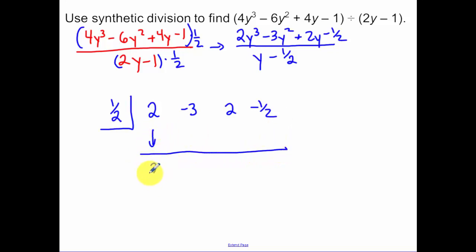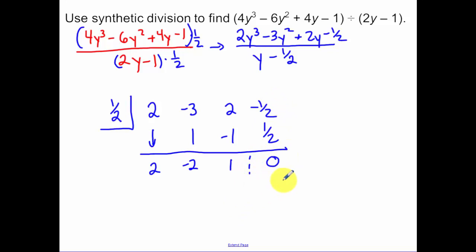Bring down your first power. 2 times 1/2 is going to be 1. Now you add those to get a negative 2. Negative 2 times 1/2 is a negative 1. You add those to get a positive 1. 1 times 1/2 is a positive 1/2. You add those to get 0.